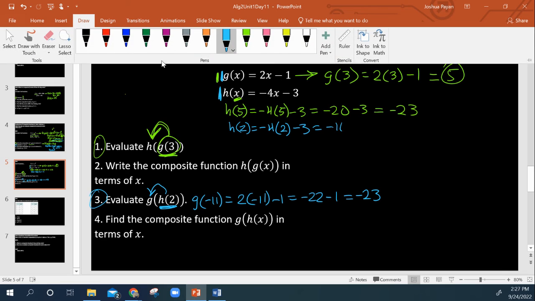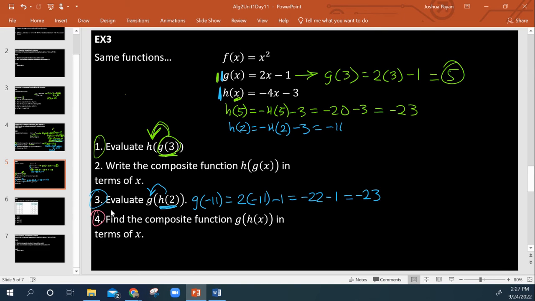All right, so now we're being asked to find the composite function g of h of x. So g of h, with an h instead of x. Here's g, so that's going to be 2h minus 1 instead of 2x minus 1. And then, of course, we know h is negative 4x minus 3.